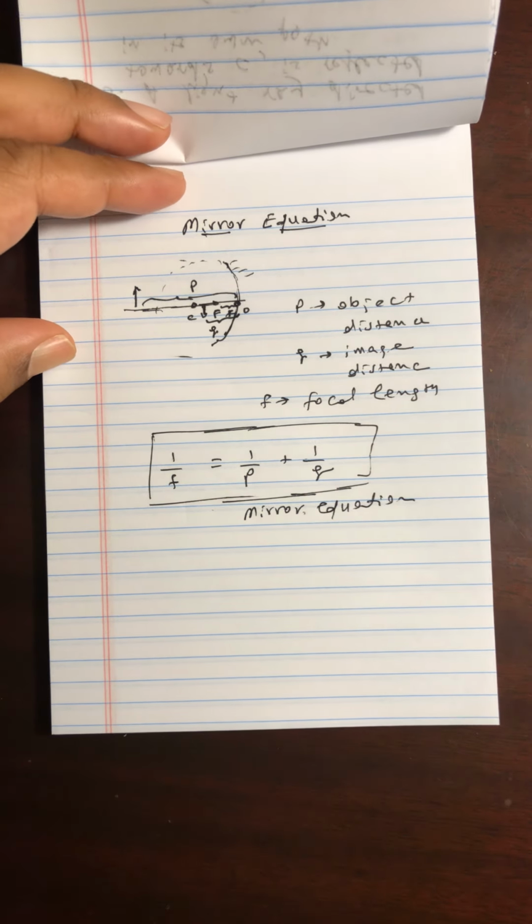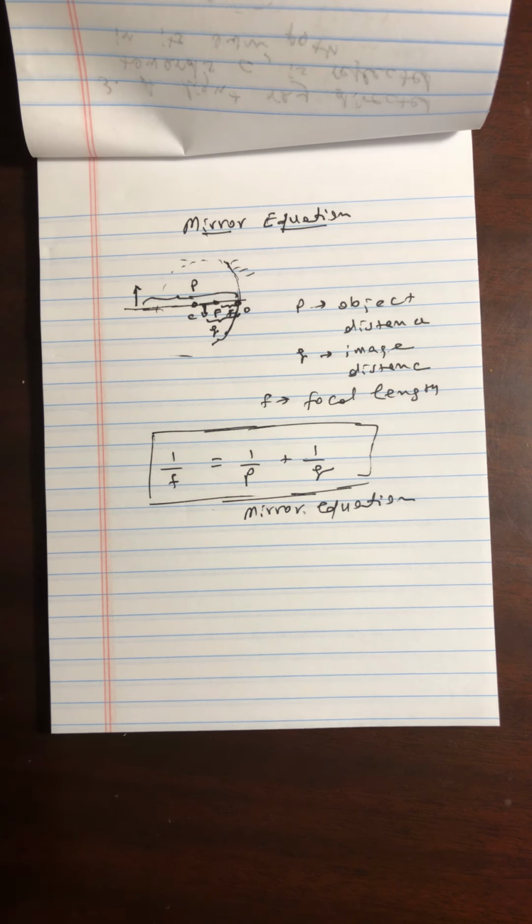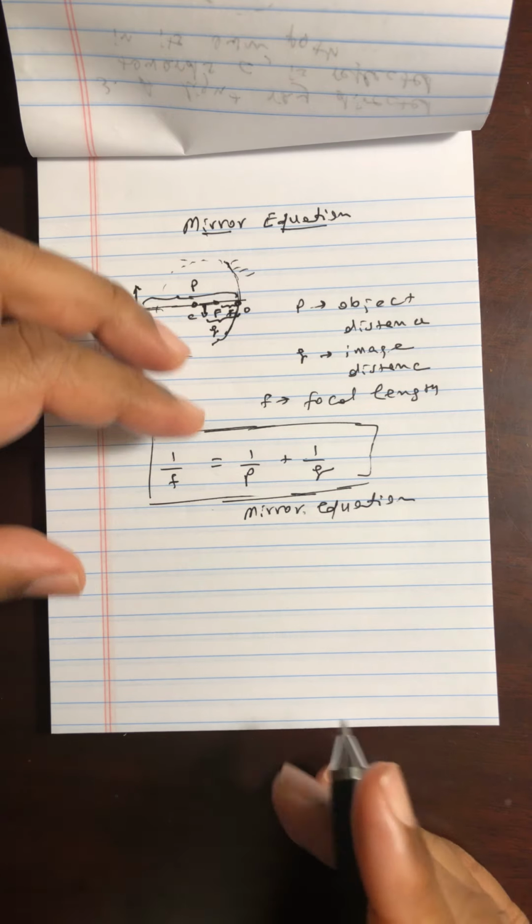But it's very important to know when to make the variables positive or negative. So let's look at the sign convention.